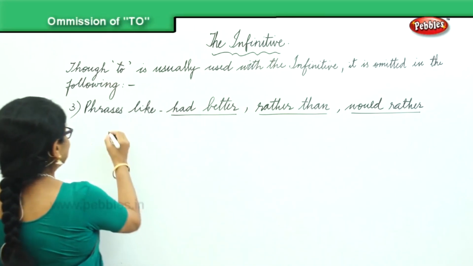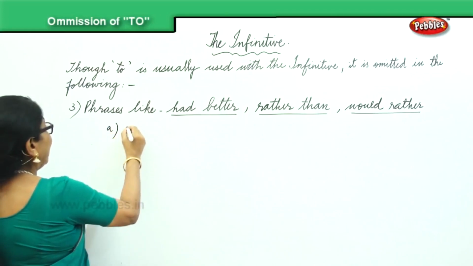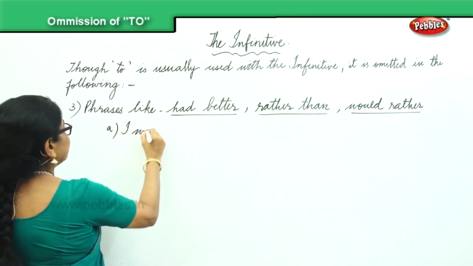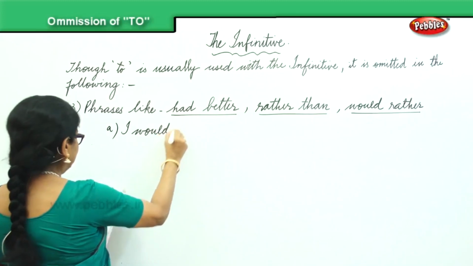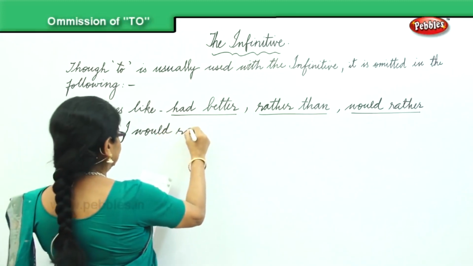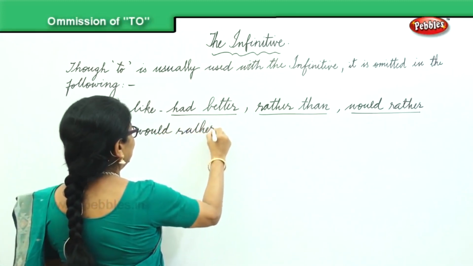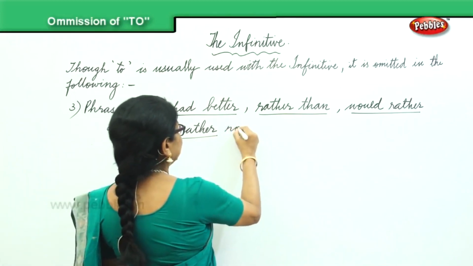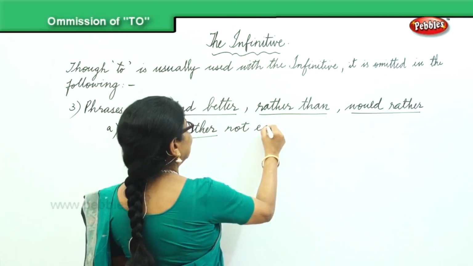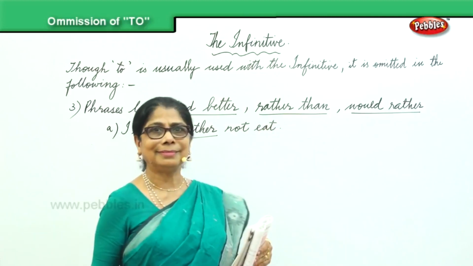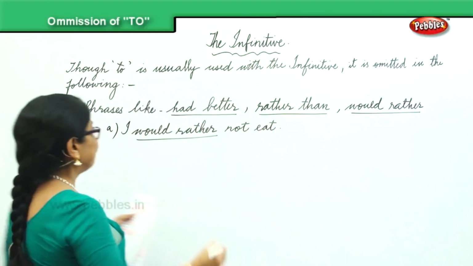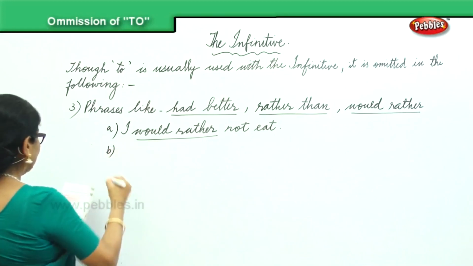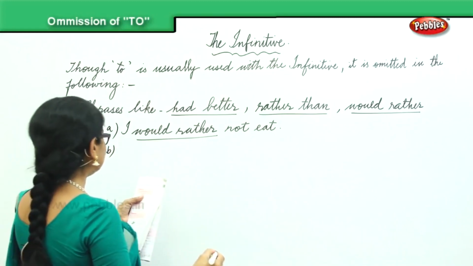Now let's look at sentence. Okay. I would rather not eat. I would rather not eat at all. Okay? Another one. Had better.